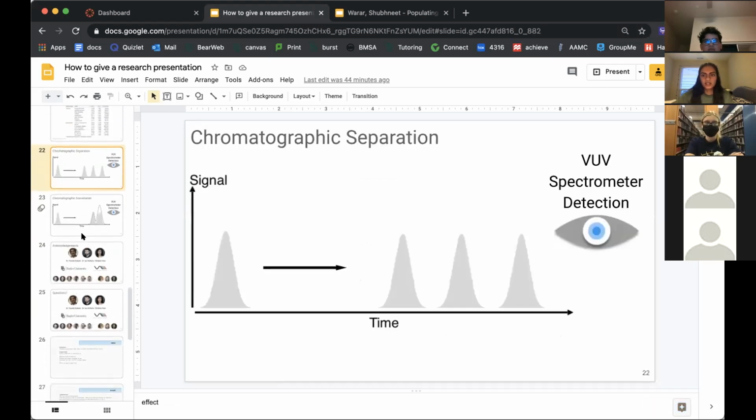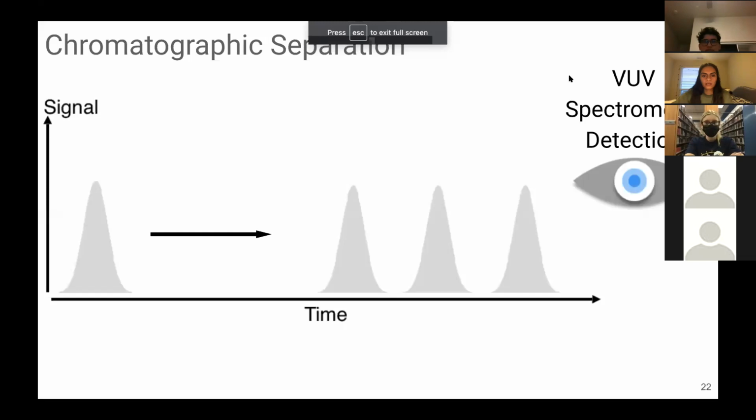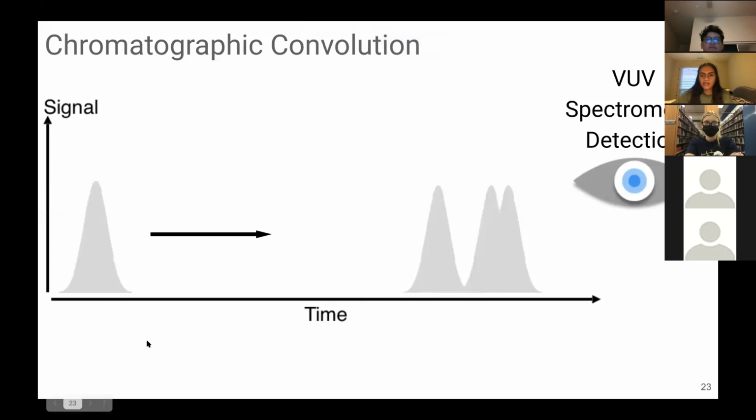Okay, these next slides show how an effect is used effectively, I think. So I think I have to present for this one. Okay, so you see these three peaks, they're fully separated. And now I use the transition to show that these two peaks are now convoluted together.